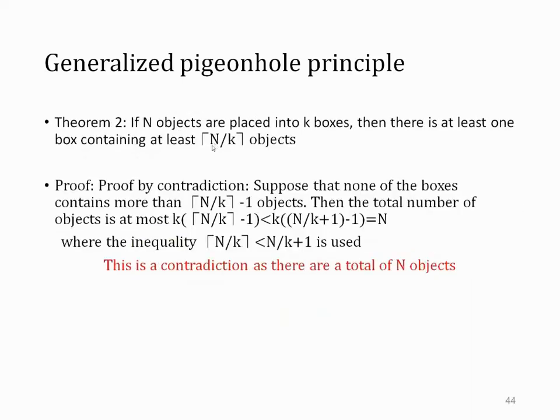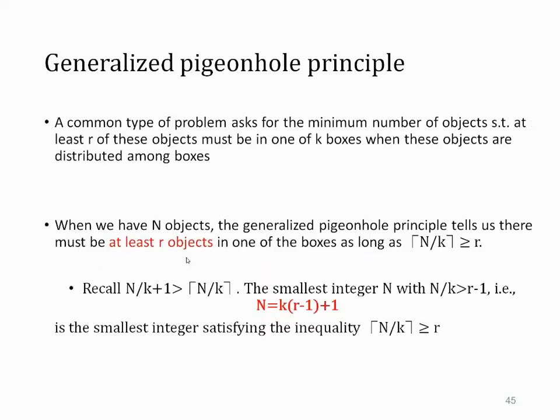So if you don't understand this, no problem, but try to remember this. If there are n objects to be placed in k boxes, then there will be the upper bound of n by k objects in one box. Common types of problems ask for a minimum number of objects such that at least r of these objects must be in one of the k boxes.